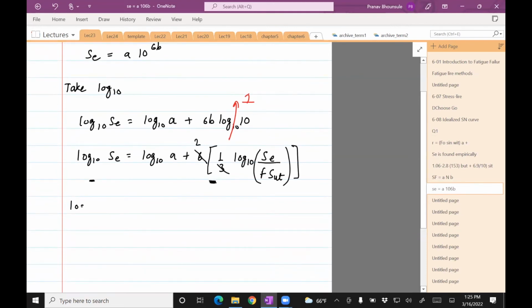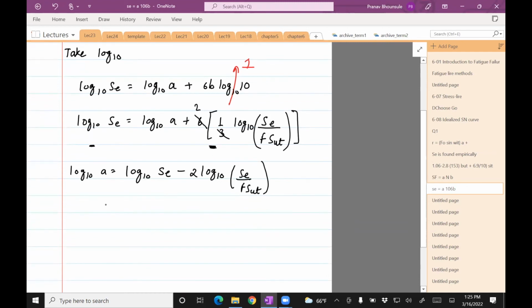So log 10 A equals log 10 SE minus 2 log 10 of SE divided by F SUT. If you have 2 log 10, it becomes SE divided by F SUT squared.